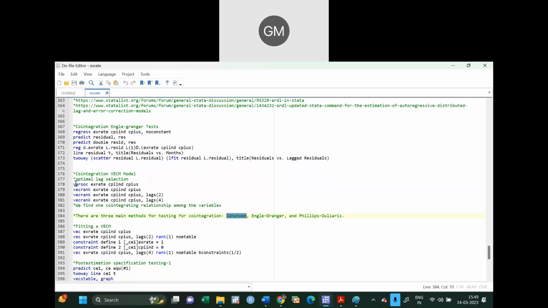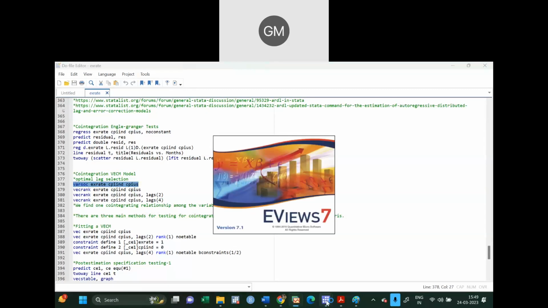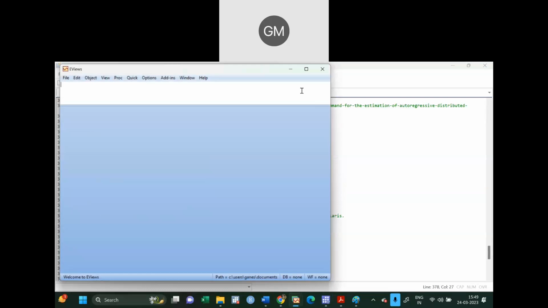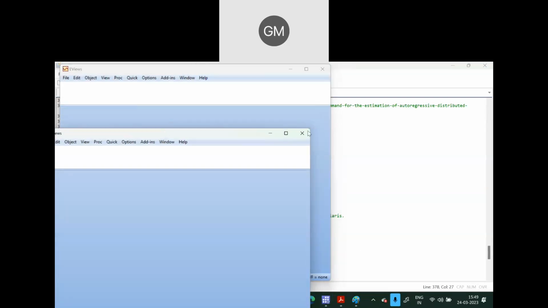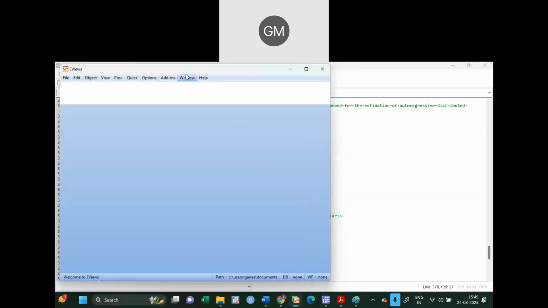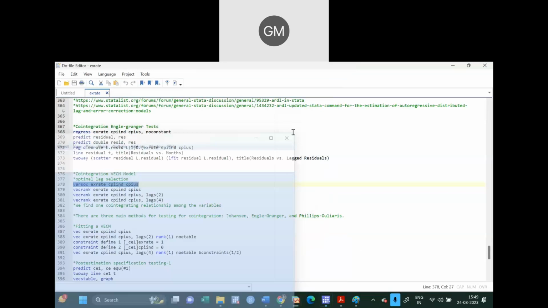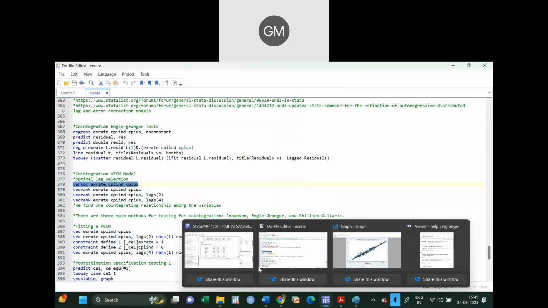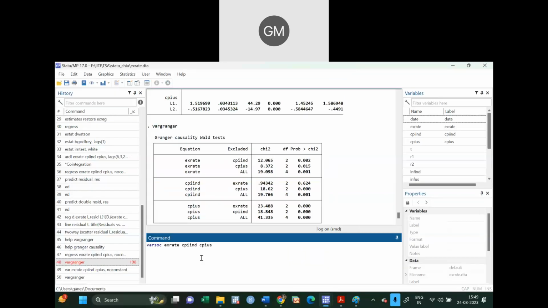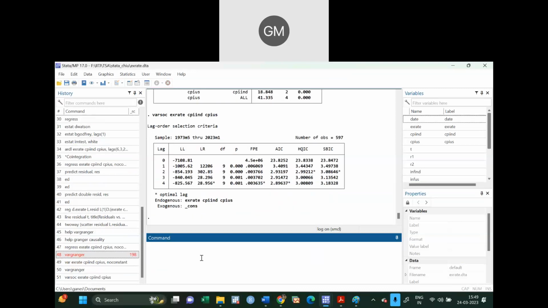let's give this command first and select the rank. This is basically to select the lag, which we have already done, 2 or 4.